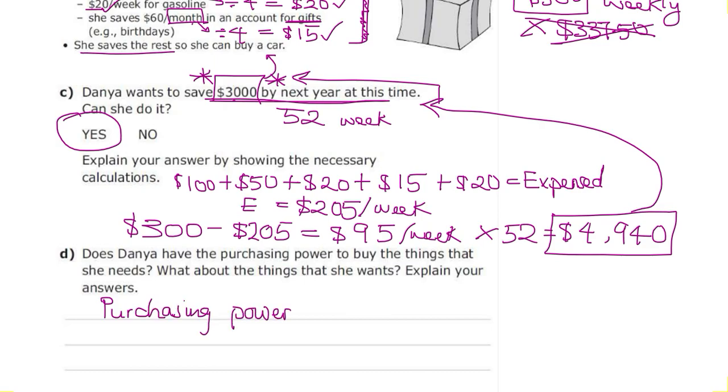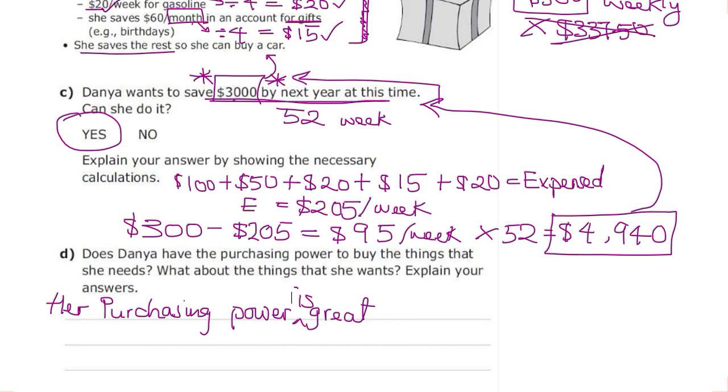So it means that her purchasing power is actually great for her to not only drive but also to save for major purchases and also contribute at home. So the more responsibilities that she does with her money, the higher her purchasing power.